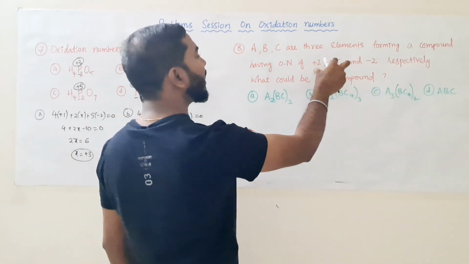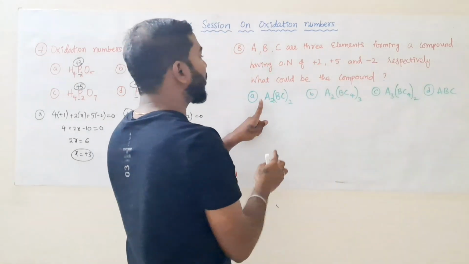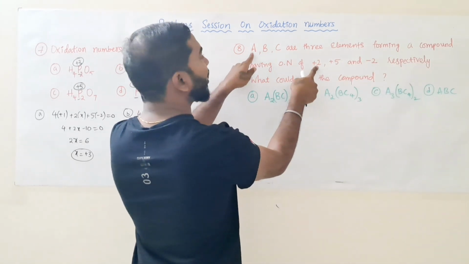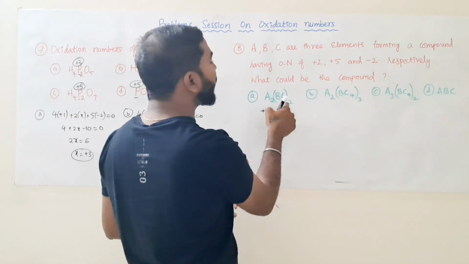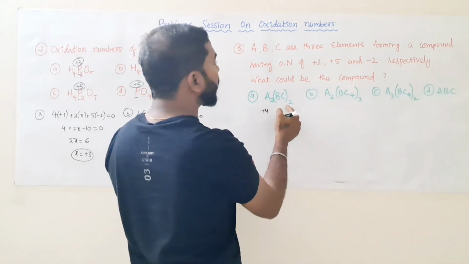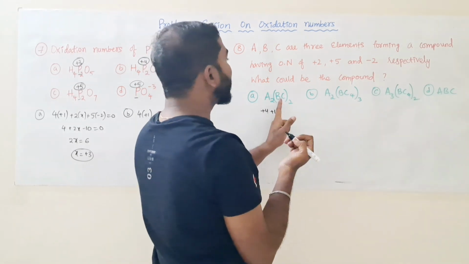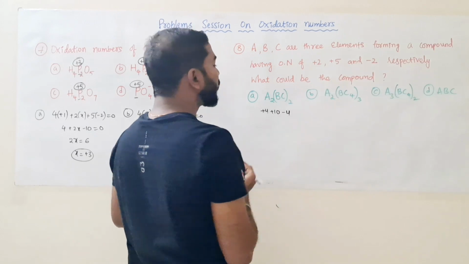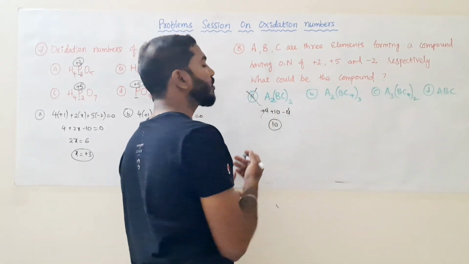Now if you apply these three oxidation numbers to the options, the first option is A2, which means 2 into +2, giving +4. Then B2, so +5 into 2, giving +10. And then C2, which is -2 into 2, giving -4. So this is not the option. This is not the compound.